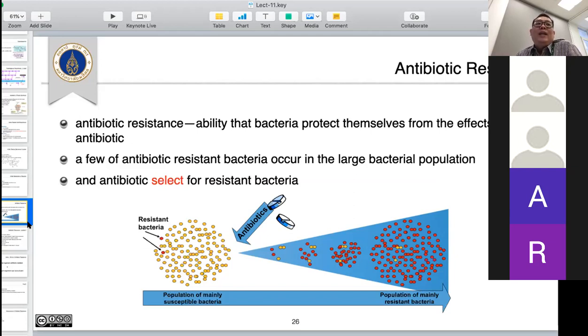So now we sequence the human genome, okay, from a group of patients who get allergic to a medicine and non-allergic to the medicine, and we compare the DNA of the allergic group and the non-allergic group, and we found some genes. Mostly we point to the HLA gene, okay, because HLA is related to the presentation of antigen.